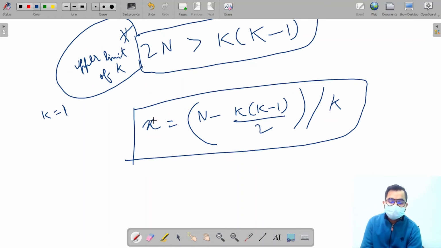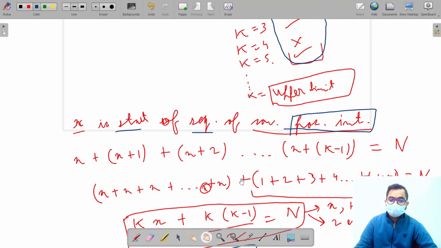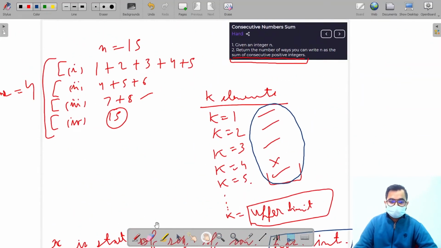Now look at this very carefully. Do I need to find the start of the sequence? Am I finding the number of ways, or the way to create the sum of the sequence? I'm just trying to find the number of ways. Look here carefully at the question.